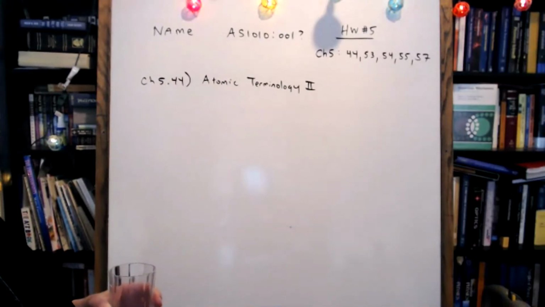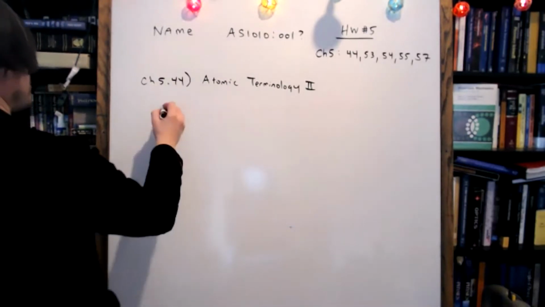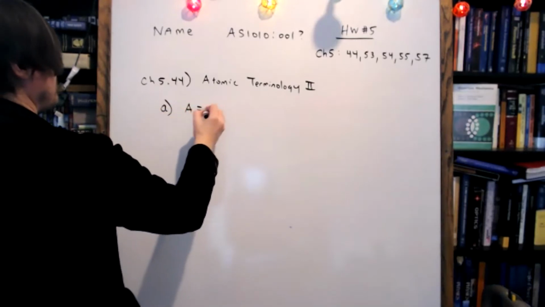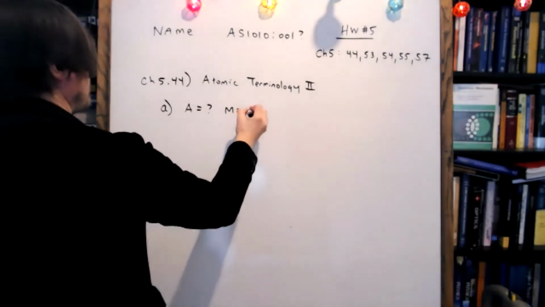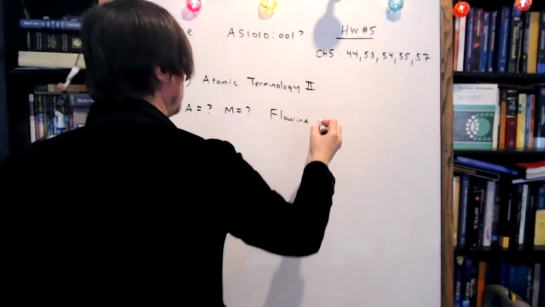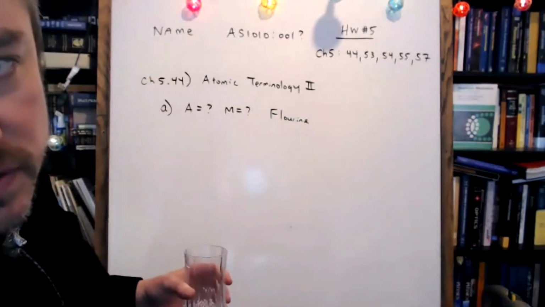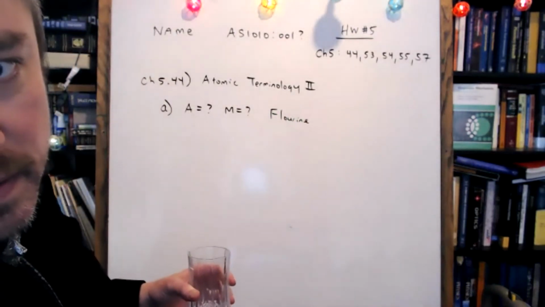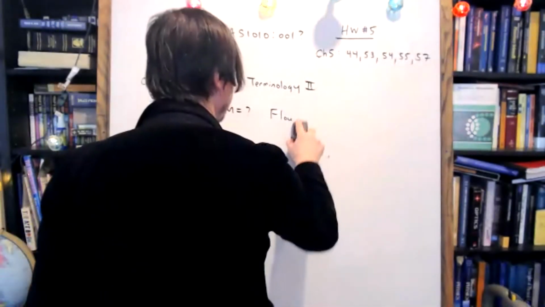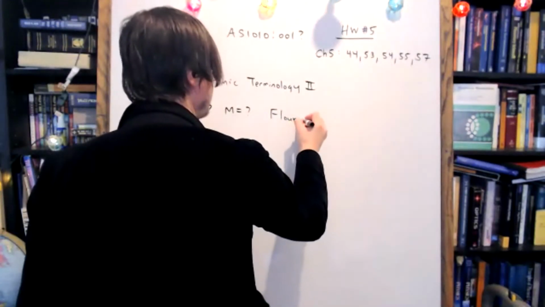There's part A, B, and C. A says, what are the atomic number and atomic mass number of a fluorine atom with 9 protons and 10 neutrons? If we could add a proton to this. Is that all part of part A? Yeah, this is all part A. Oh, okay. So could you read the whole thing again? Sorry. Yeah, that's fine. Okay, part A.